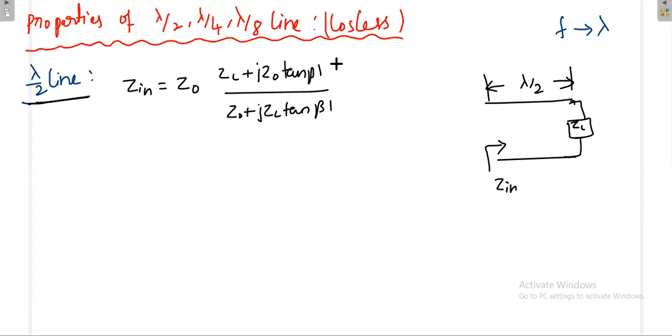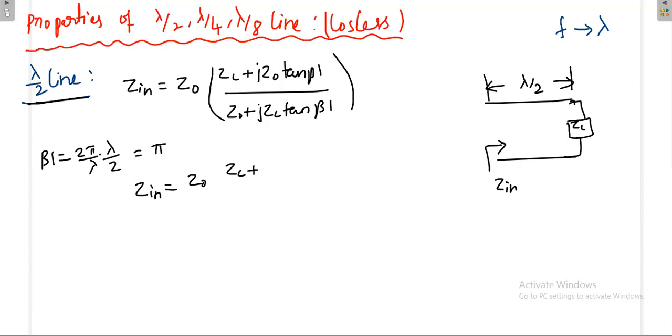Now again beta L is there. You know L, the length of the line, so you just compute beta L. Beta L is equal to 2 pi by lambda times lambda by 2; lambda cancels, 2 cancels, so beta L is equal to pi. Now substitute pi in the equation: Z naught times (ZL plus j Z naught tan pi) divided by (Z naught plus j ZL tan pi).